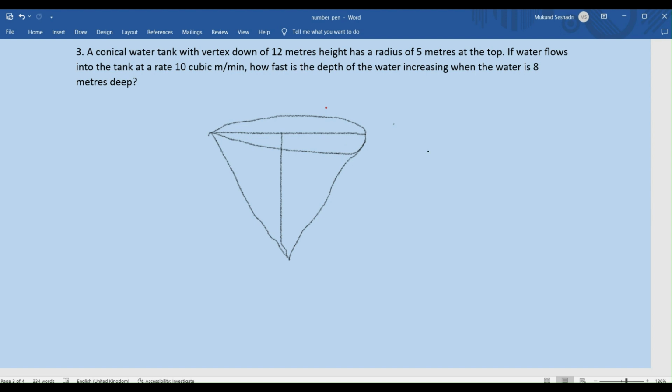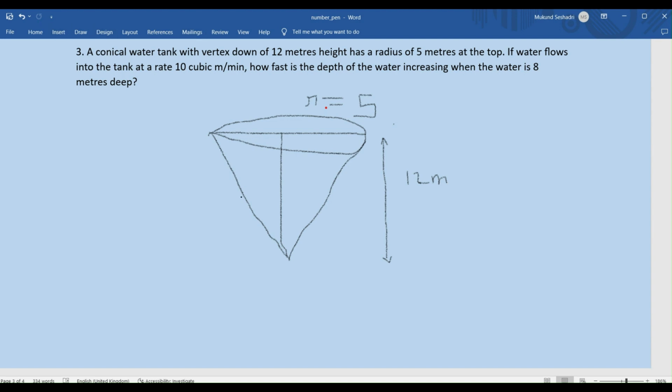Apologies for the diagram, guys. And this you've got R, which is 5 meters, and you've got the height, which is 12 meters, right?